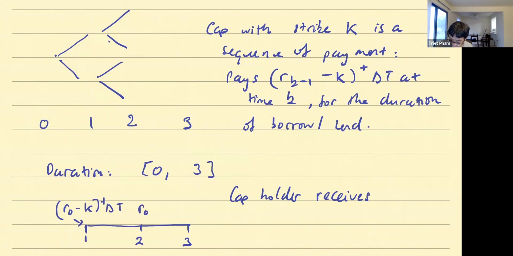R1 minus K plus times delta T here. And you receive R2 minus K plus times delta T here. Is that okay? That's how the cap works. It's not one single payment, but it's a series of payment throughout the entire duration.